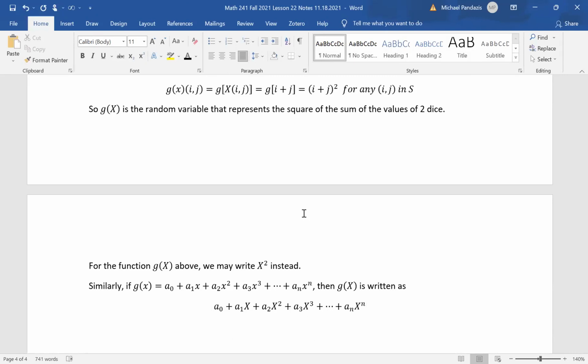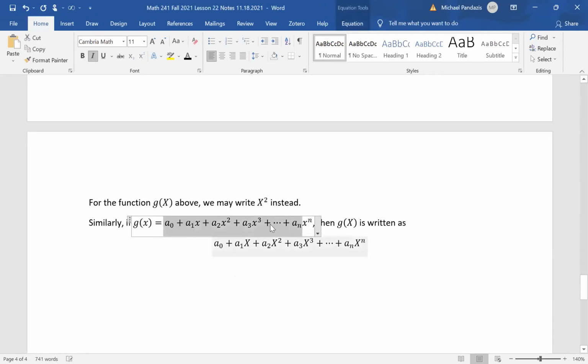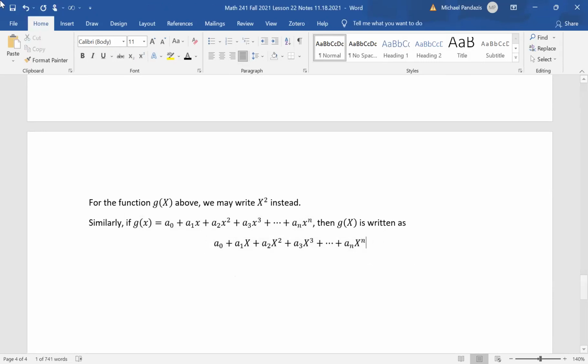You want to speed things up. You don't want to write g of x equals this entire thing. So this is a faster way to represent g of capital X. You just bypass g of x and go straight to the idea that it represents.